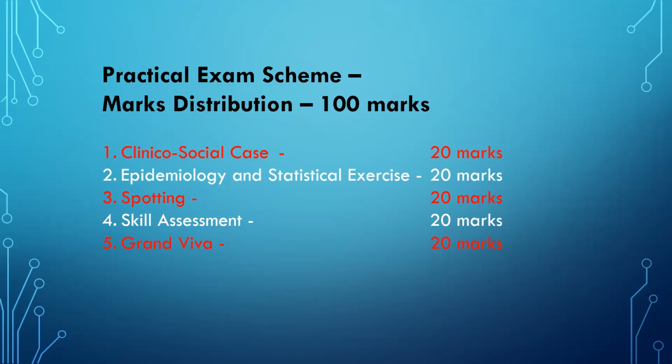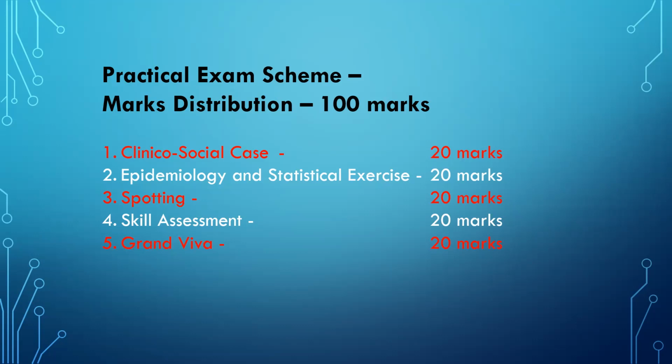Now let us see what is the practical exam scheme in community medicine. Already I told you there are 100 marks and the distribution of marks is like this. First is clinical social case of 20 marks, epidemiological and statistical exercises 20 marks, spotting 20 marks, skill assessment 20 marks, and grand viva 20 marks.